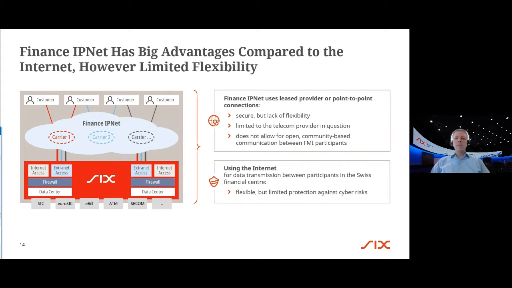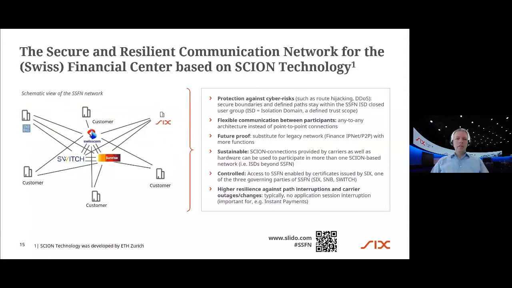The internet, of course, is flexible, but it's always prone to risks and to attacks that come from it. So therefore, we did not want to go down that route. So what is it then? Next slide, please. What is it that SSFN actually differs in, in terms of how the network we built now looks?